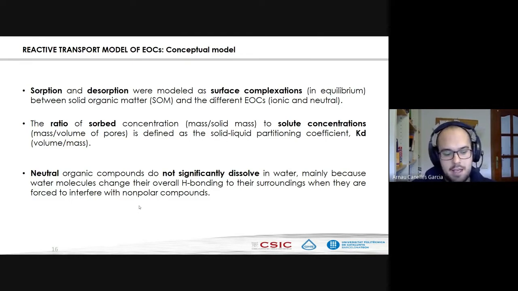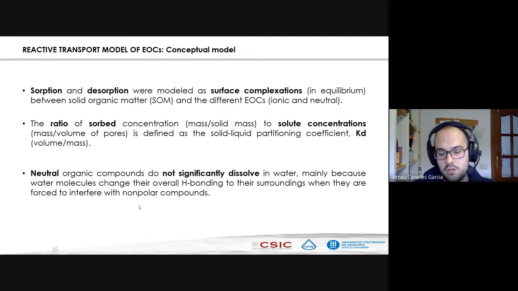This sand, mainly silica sand, can be considered as non-sorbent. So this is kind of a filling for our column. In this case, what we have hypothesized and saw in the literature is that this sorption can occur in these complexes that happen in the organic matter or maybe in the biofilm, which we'll talk about later.